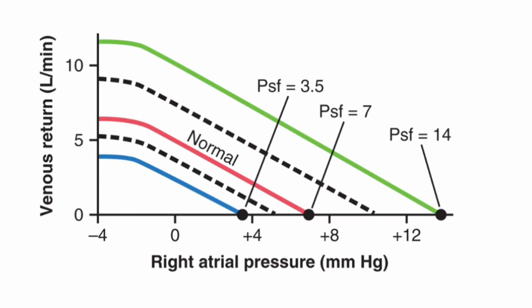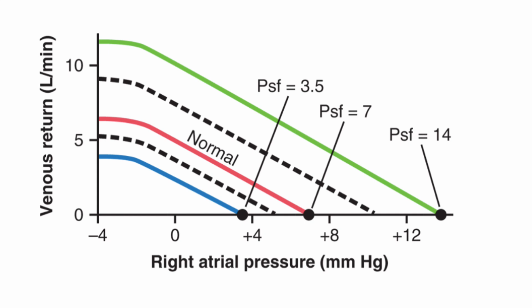Now you can plot this relationship of mean systemic filling pressure on a venous return curve. Right, so here we have venous return on the y-axis and right atrial pressure on the x-axis. And if your normal line, this red line here, has a mean systemic filling pressure, abbreviated as PSF, of 7, it's going to have a venous return of about 7 liters a minute.